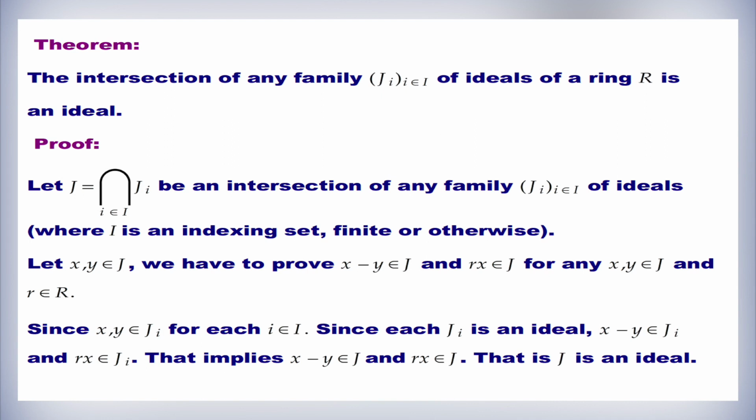Let x, y belong to J. We have to prove x minus y belongs to J and rx belongs to J for any x, y belonging to J and r belonging to R. Since x, y belong to J_i for each i belonging to I, and each J_i is an ideal, x minus y belongs to J_i and rx belongs to J_i. This implies x minus y belongs to J and rx belongs to J. So, J is an ideal.